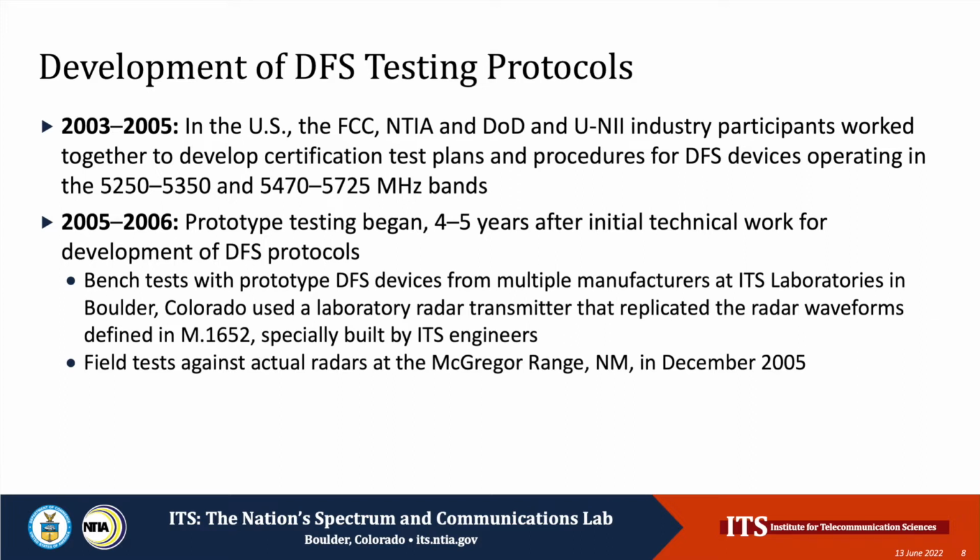At the ITS lab, radar transmitters replicated radar waveforms as defined in M.1652, which were specially built by ITS engineers, would be put into DFS systems to verify that the DFS systems could successfully detect and avoid the radar signals. Then, later in December of 2005, radiated field testing against actual radars was performed at the McGregor Range next to the White Sands Missile Range in New Mexico.